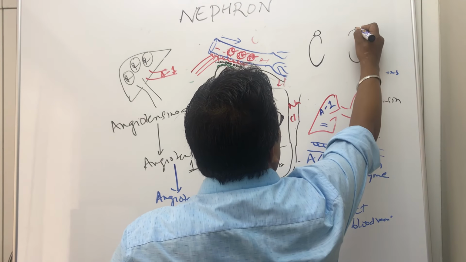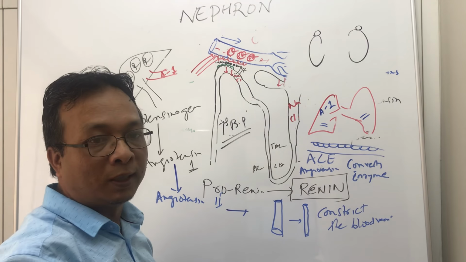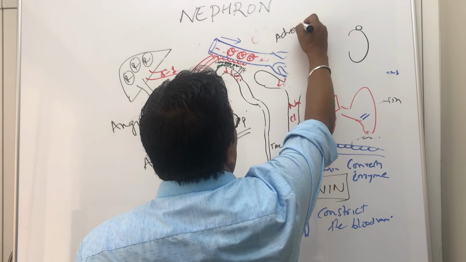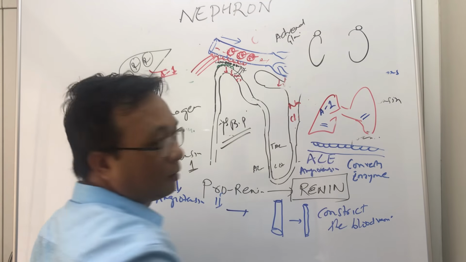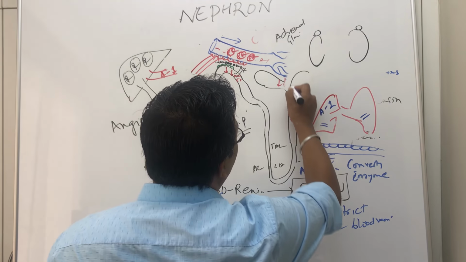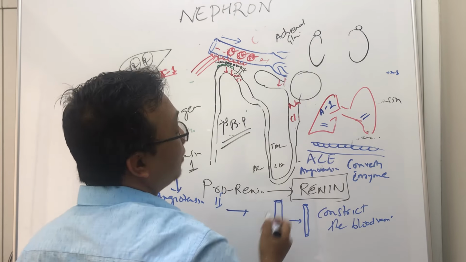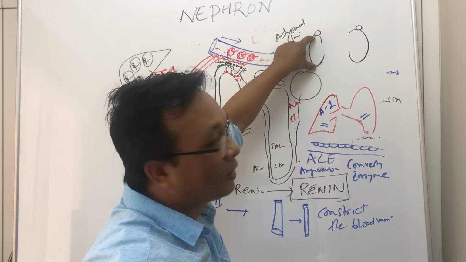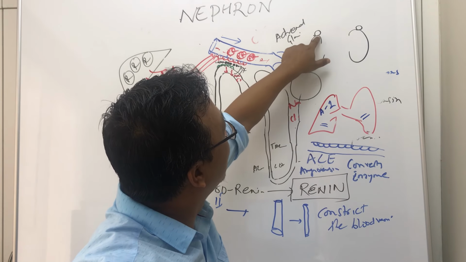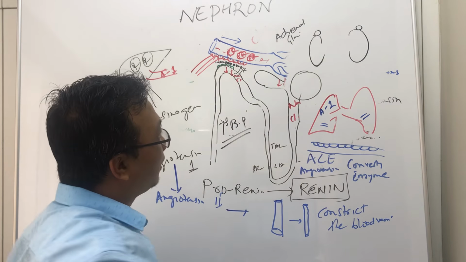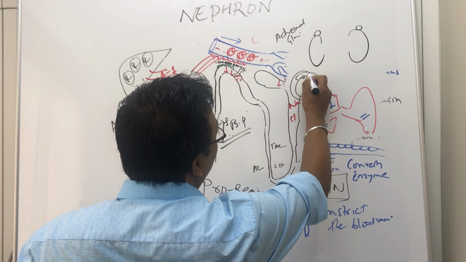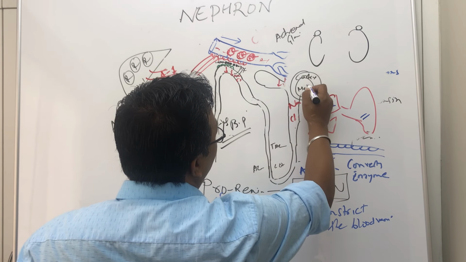There is something called the adrenal gland. Let me draw one adrenal gland big size here. As its name suggests, renal means kidney. Over the top of the kidney we have one pair of adrenal glands. The adrenal gland is again divided: the outer part is called the cortex, the inner part is called the medulla.